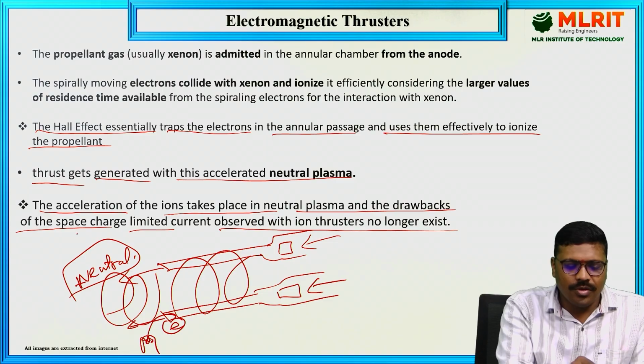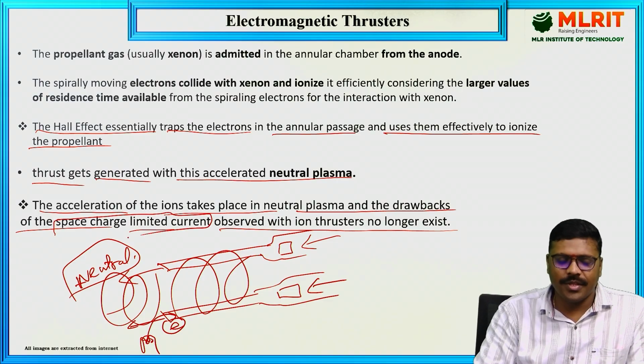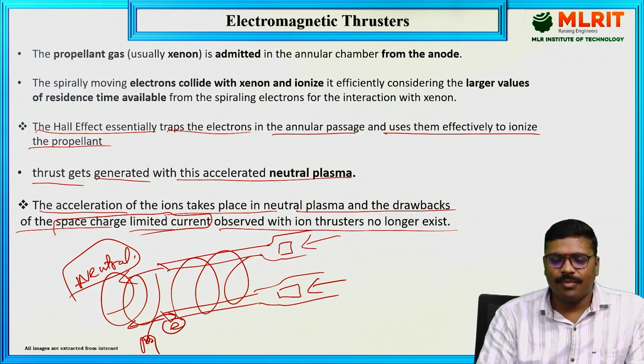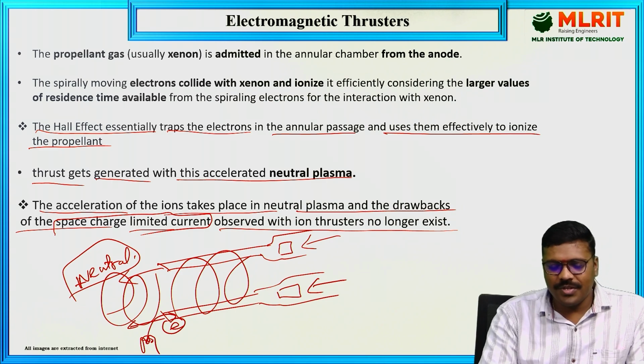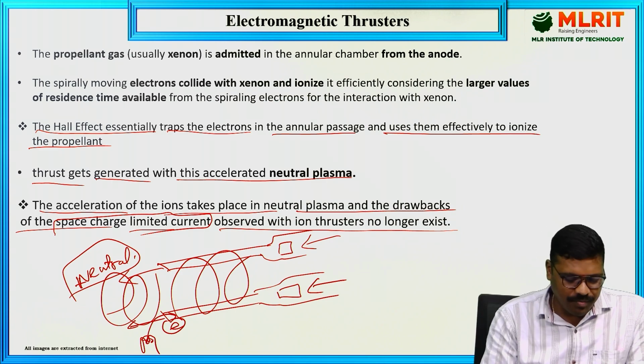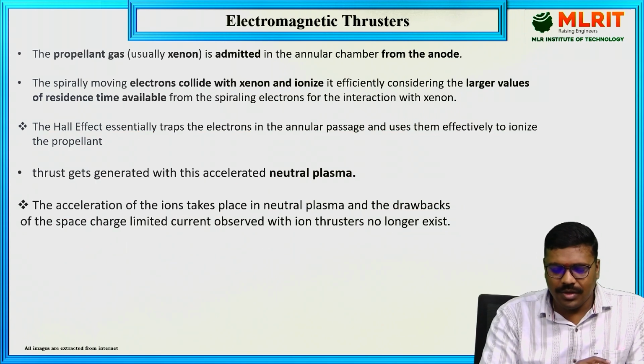So there is no chance of space charge limited current in electromagnetic thrusters like in ion thrusters. In ion thrusters we can observe the space charge effect, but in electromagnetic thrusters it is completely avoided. So that is one advantage of the electromagnetic thruster compared to ion thrusters.